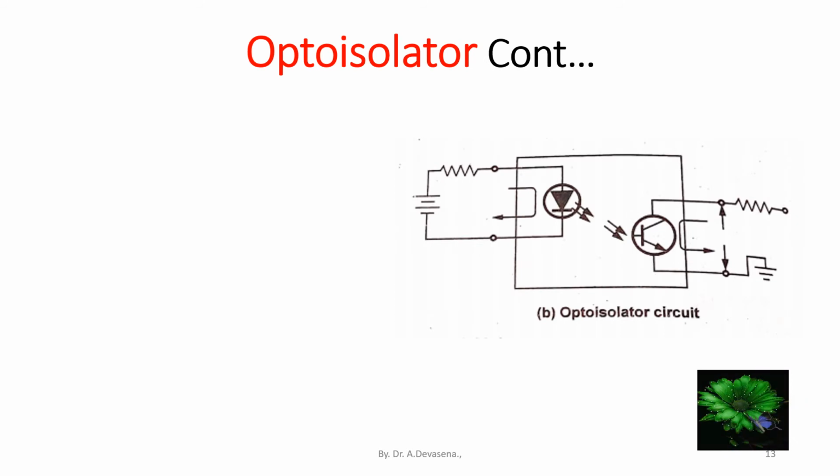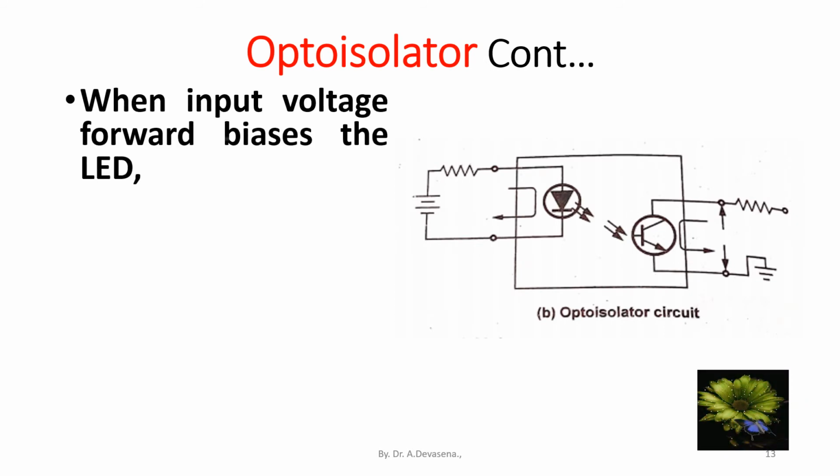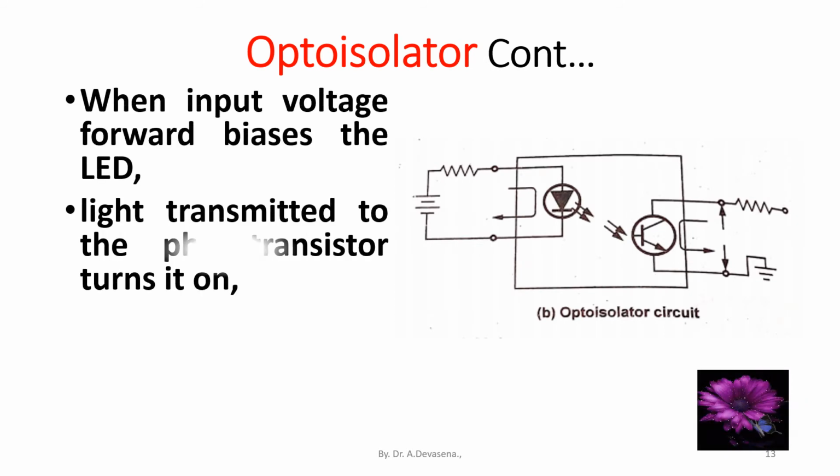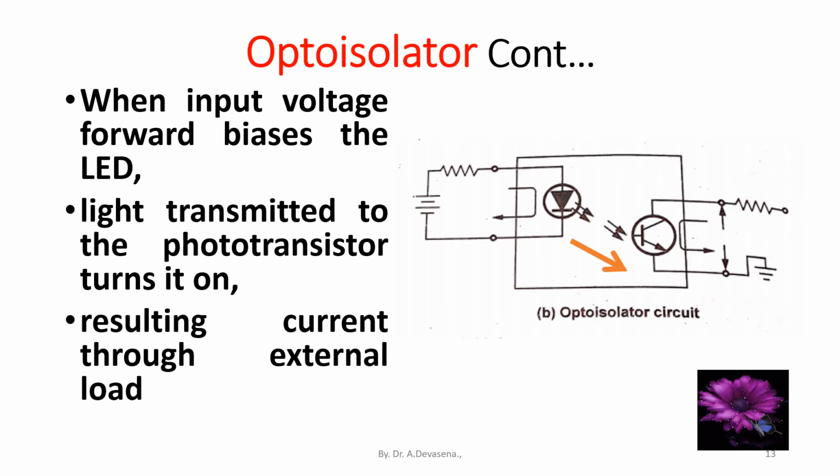When the input voltage forward biases the LED, light transmitted to the phototransistor turns it on. Here is a representation of the light being transmitted to the phototransistor, which turns the phototransistor on, resulting in current through the external load.